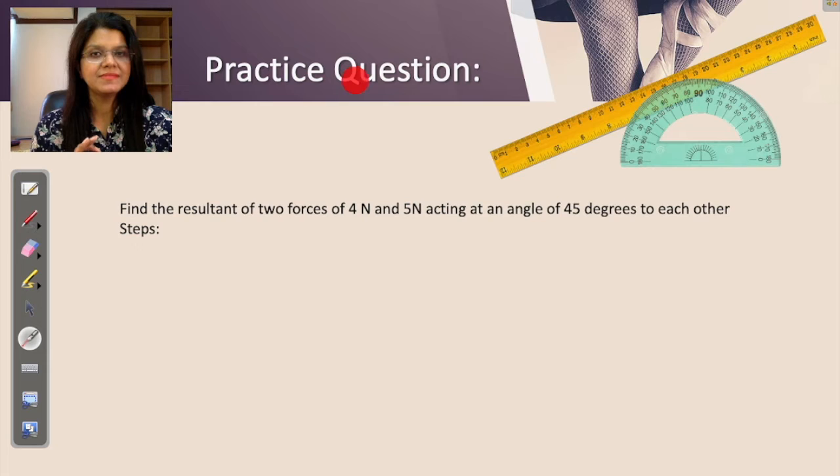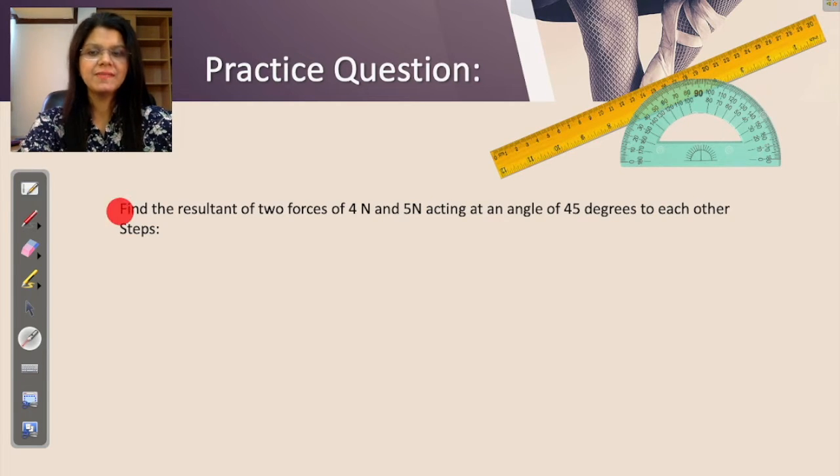Practice question. You'll need a ruler and a protractor to do this question. Please bring your ruler, please bring your protractor. You can pause the video here for a moment, get these two things, get back on your seats, and then continue with the video. Fine?